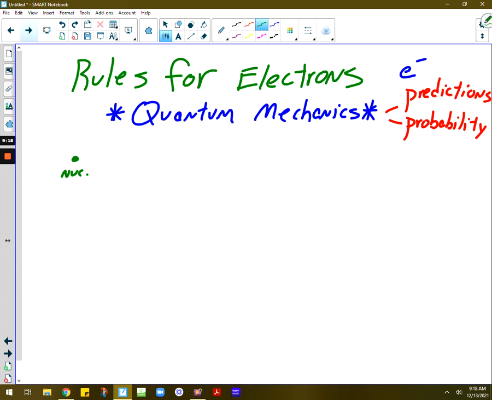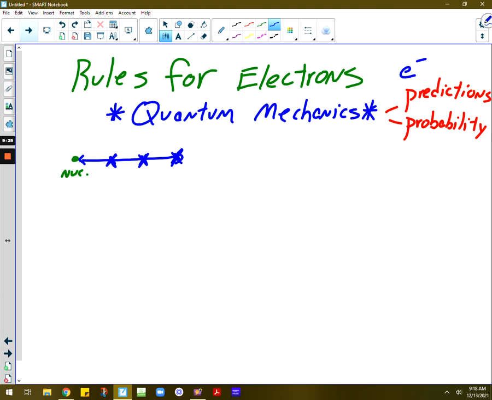There are certain places where it's likely to be found. While it could be anywhere from here to the radius of the atom, it is likely to be found at certain distances. Maybe right here, or right here, or right here.